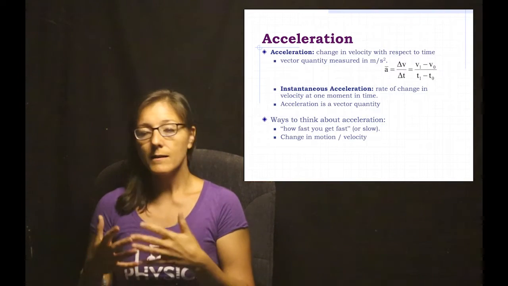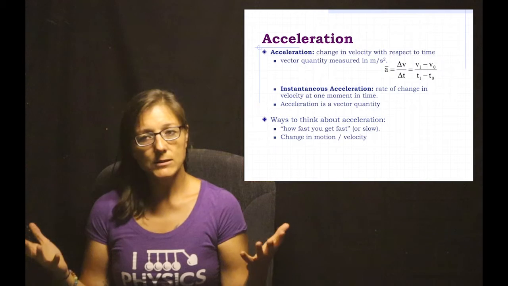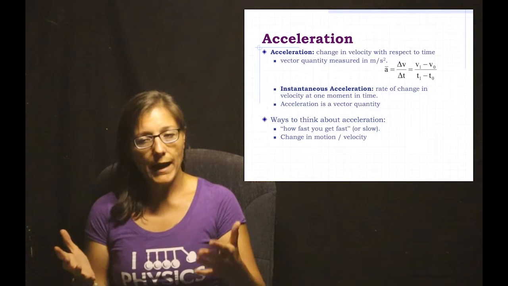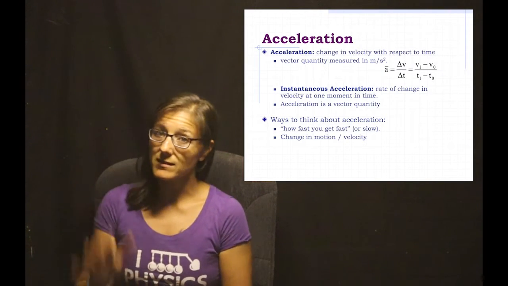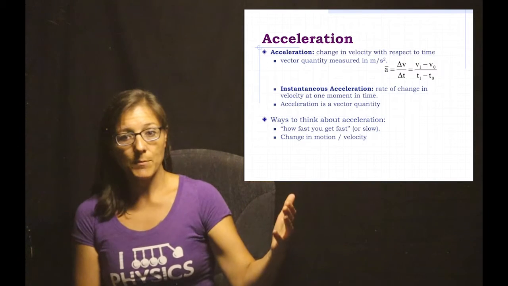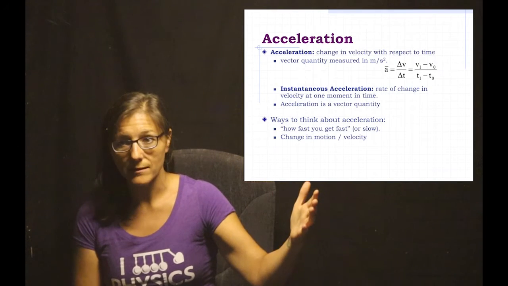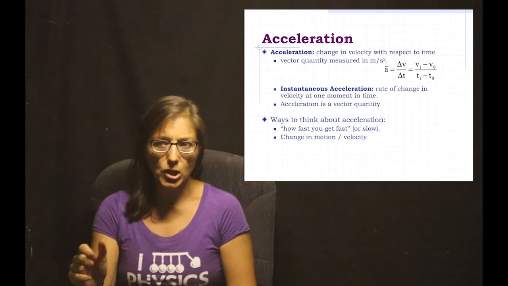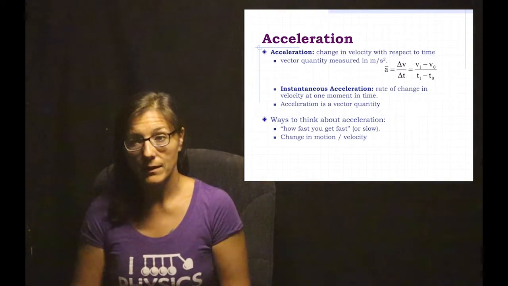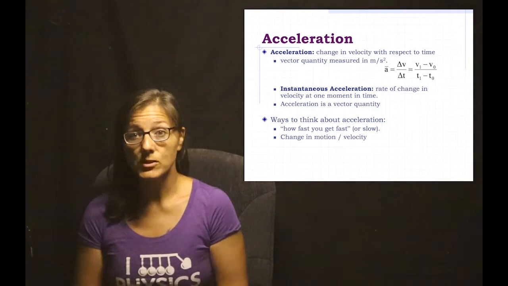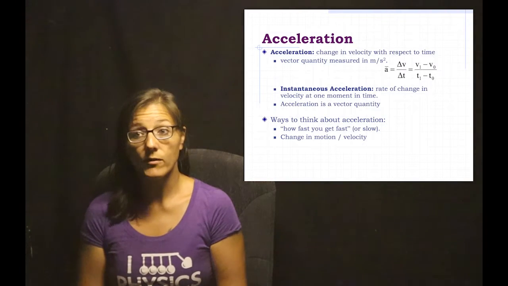So you can be at a red light, it turns green, and you gradually make your way up to your top speed. Or you might slam on that gas pedal and get up to top speed as fast as you can, right? You hear that car going, trying to get up to top speed. And that's okay, whatever makes you happy. Both of them are accelerations. Both of them are changing your velocity.